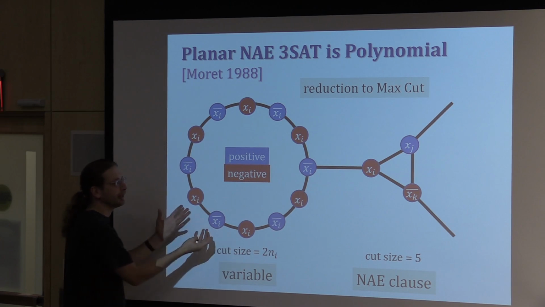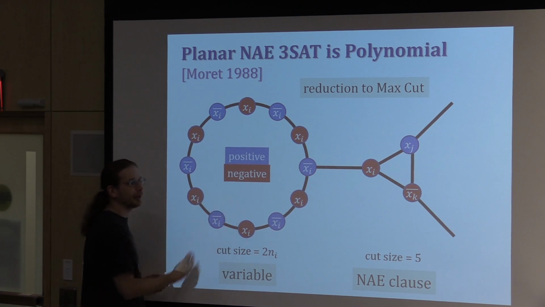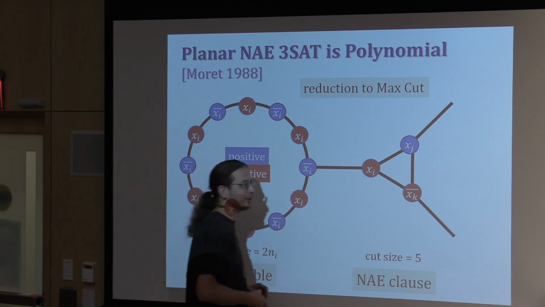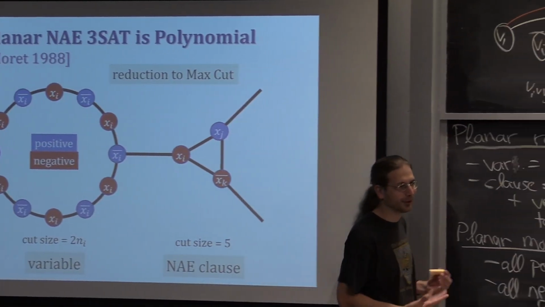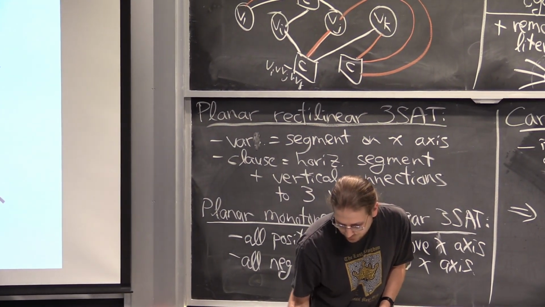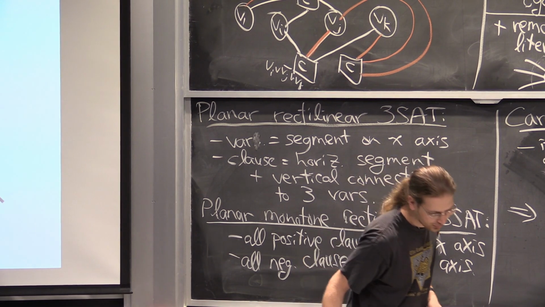And we've simulated that planar not-all-equal 3SAT instance with planar max cut, for which we actually have a polynomial algorithm, so that gives us a polynomial algorithm for planar not-all-equal 3SAT. So that's kind of fun. Similar style.